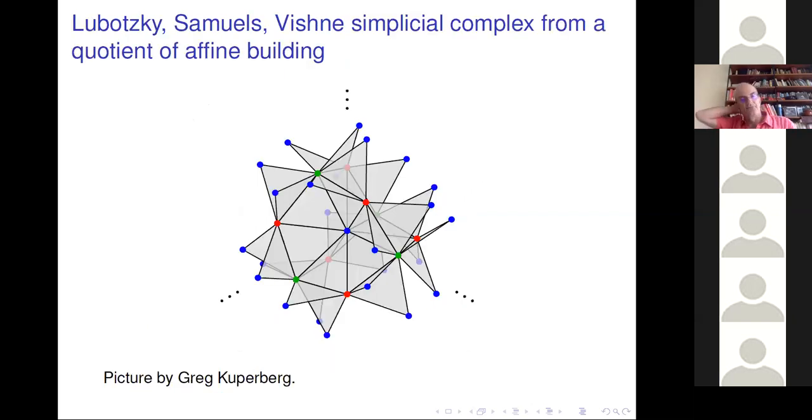So turning to these new complexes, one that we would like to introduce at this point is the LSV simplicial complexes, and they come from some quotients of affine buildings.